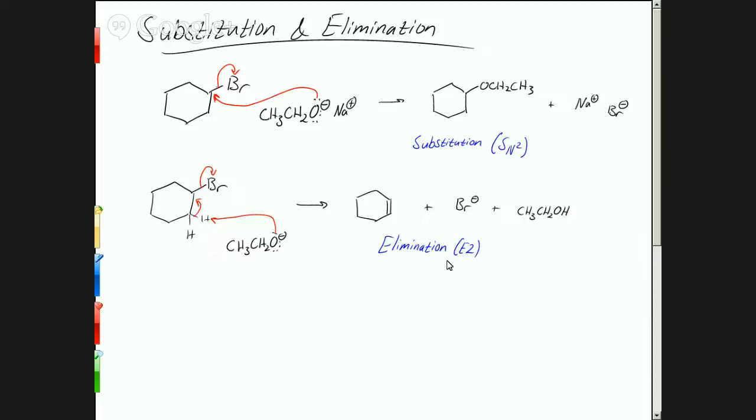Are we going to get a substitution reaction, or are we going to get an elimination reaction? That's going to be our main point of this chapter. And then beyond that, are we going to get one or the other type of each reaction, because there are two types of each reaction. So that's the overall story of this chapter. It's going to take a while to get to that point where we can decide that well, but we're going to start looking at some of the different factors and figuring out how to make those decisions.